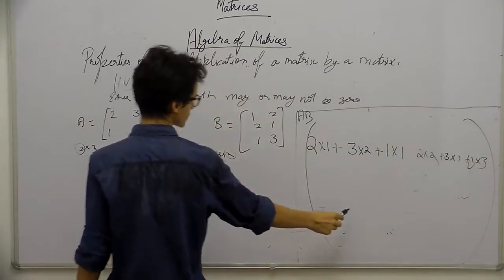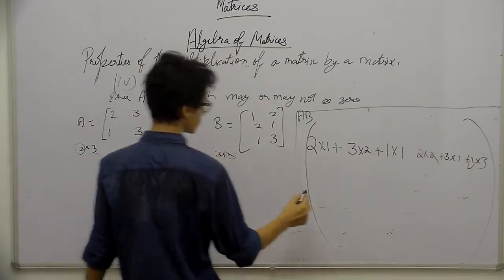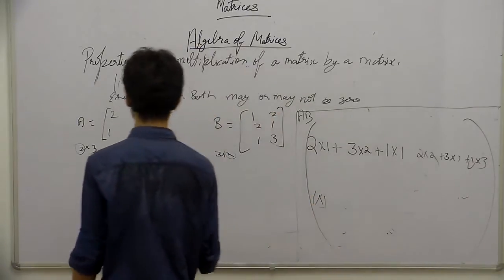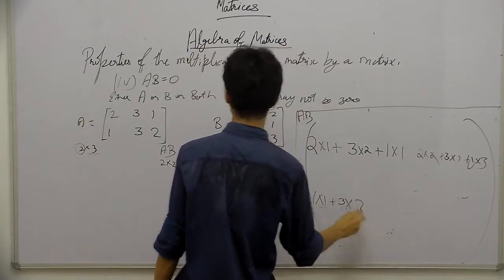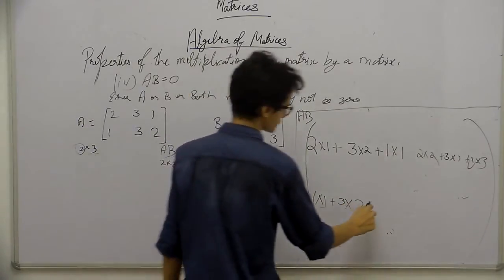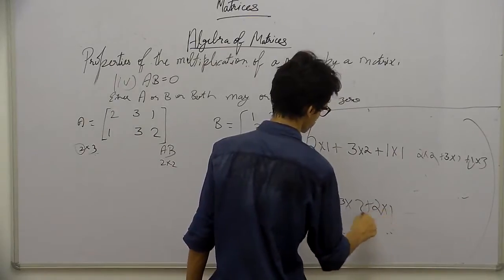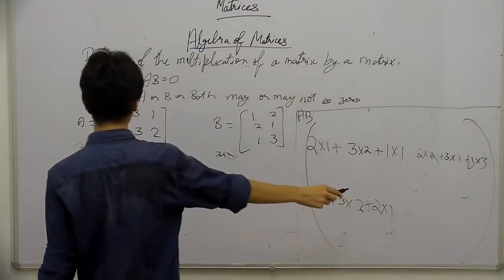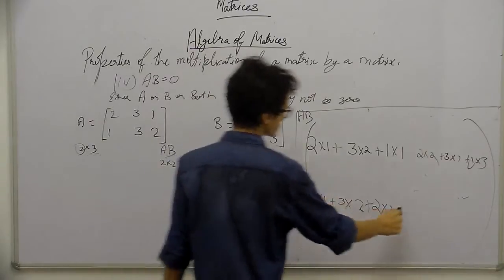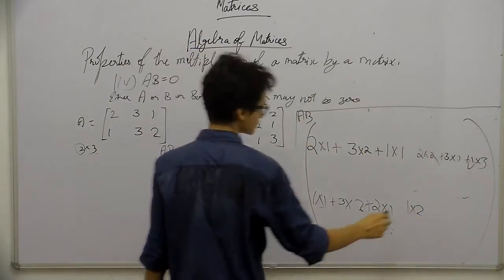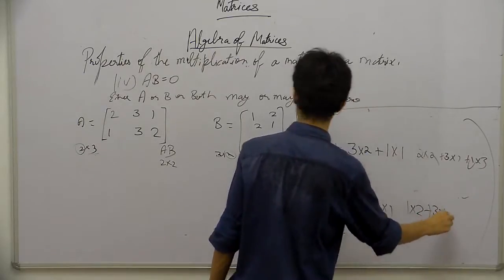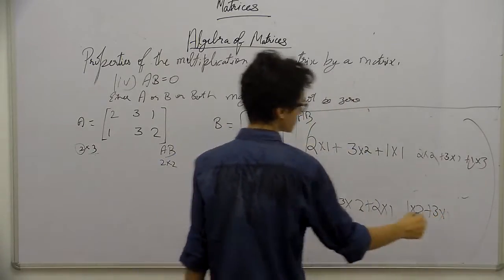Now what is this element? 1 times 1 plus 3 times 2 plus 2 times 1. Now what is the last element? 1 times 2 plus 3 times 1 plus 2 times 3.